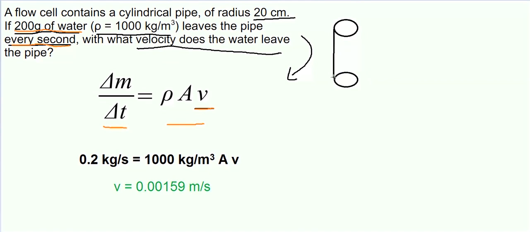So this is my cylinder, and we'll do this properly for perspective. This is your cylinder. The cross-sectional area is a circle. So here, my area is going to be equal to pi times whatever the radius is squared.